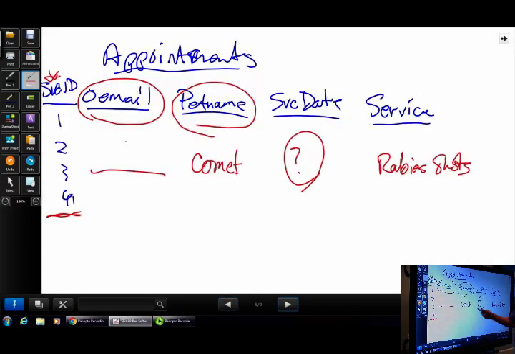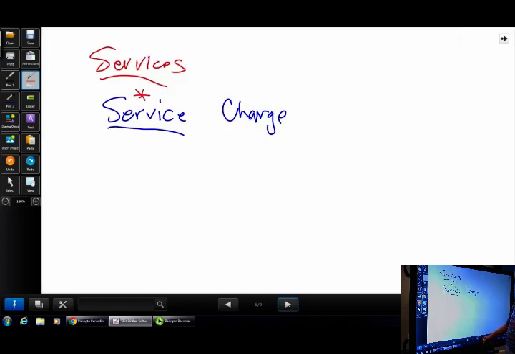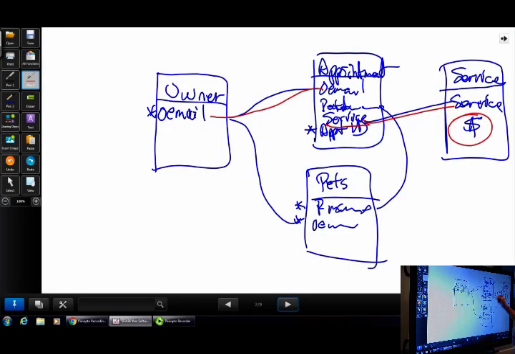In my appointments, I'm using my email address so I can go back over here and find out all the other information about me. What's my first name, last name, what's my phone number, and so on. So I don't have to store all that information in the appointments table. I use my email address to look it up, because the email address determines my first name, last name, and phone number.